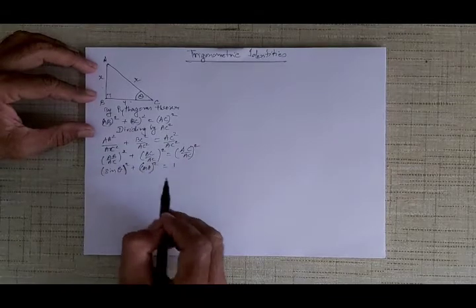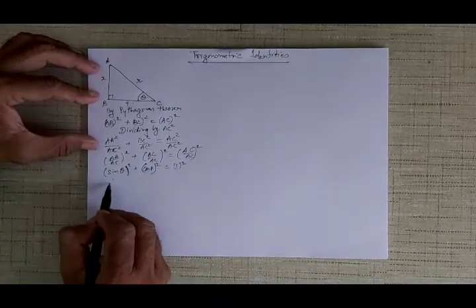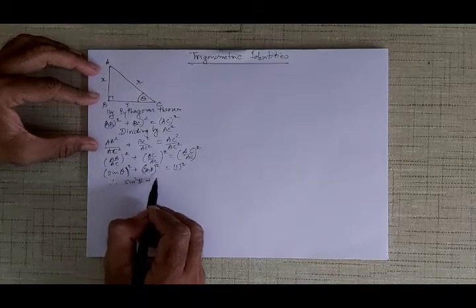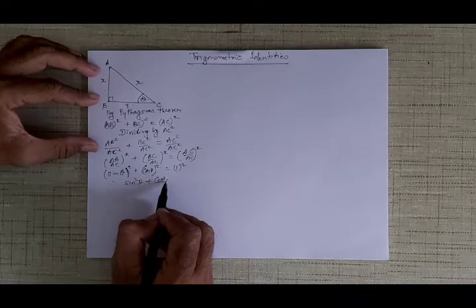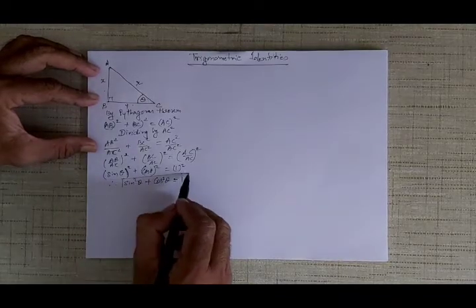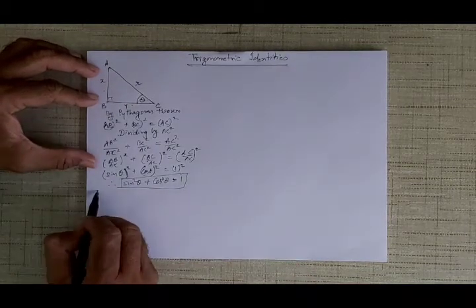AC upon AC is 1, and the square of 1 is 1. So this can be written as sine square theta plus cos square theta is equal to 1.